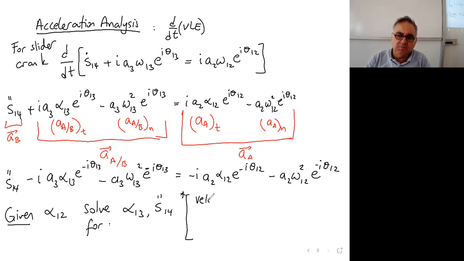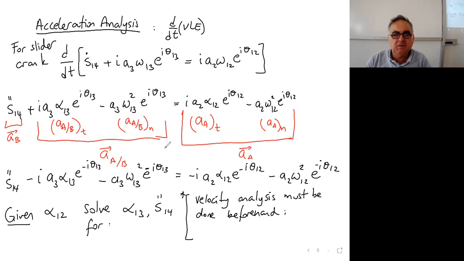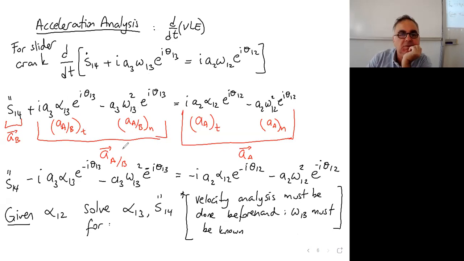The velocity analysis must be done beforehand, which means that certain quantities like omega 13 must be known. Also S14 must be known, but it's not necessary here. But here, omega 13 is necessary.